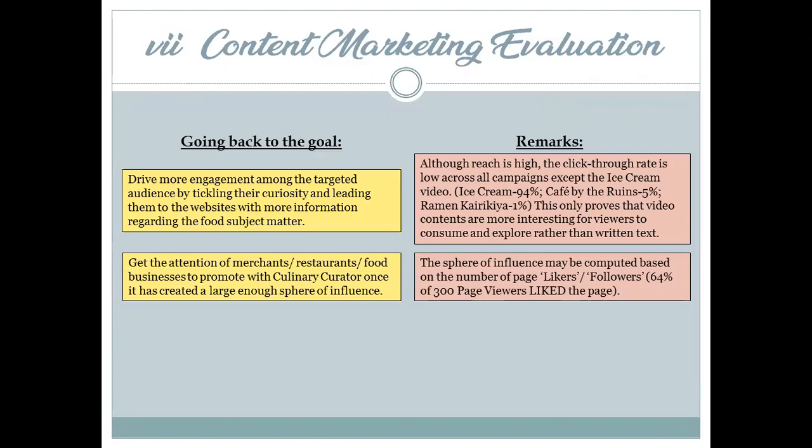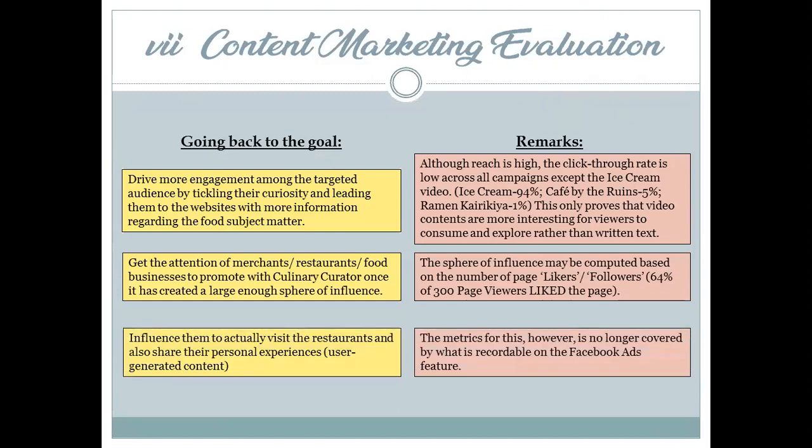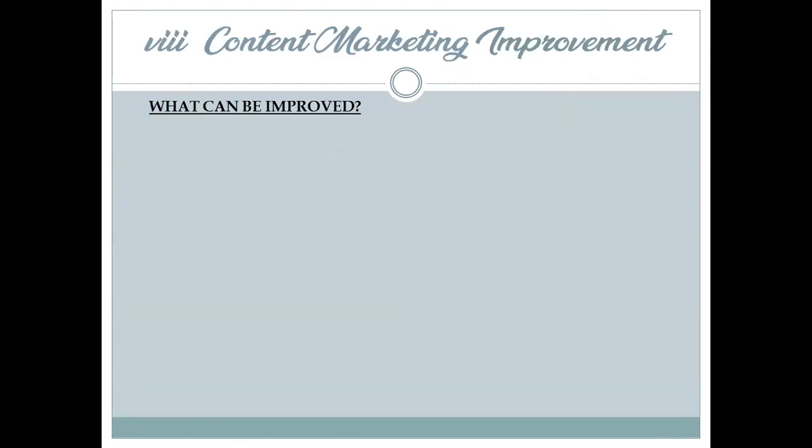That should be part of the next phase of the goal of Culinary Curator. And lastly, influence the audience to actually visit the restaurants and share their personal experiences about it. So these are metrics for this. However, they are no longer covered by what is recordable on Facebook ads, and some recommendations for this particular goal will be discussed later.